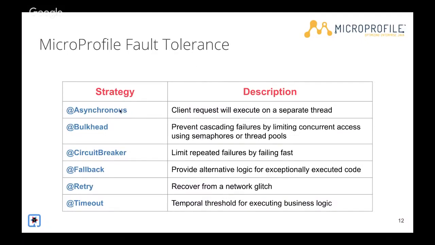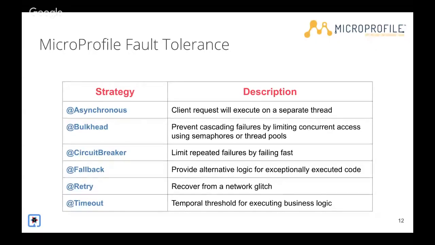Well, I can use the asynchronous annotation and run a method call in a different thread. I can use a bulkhead that basically limits the number of concurrent accesses to a resource so that you're not going to overload it.